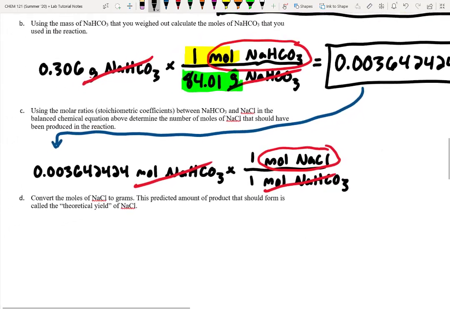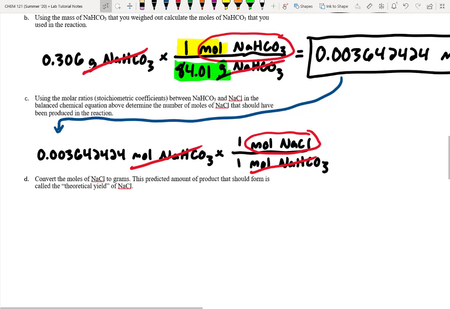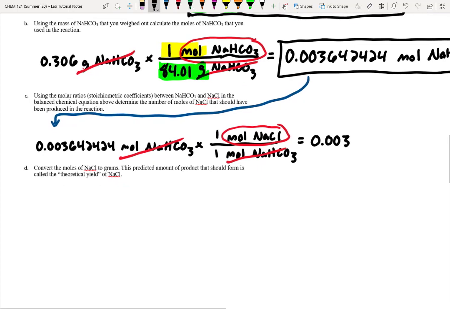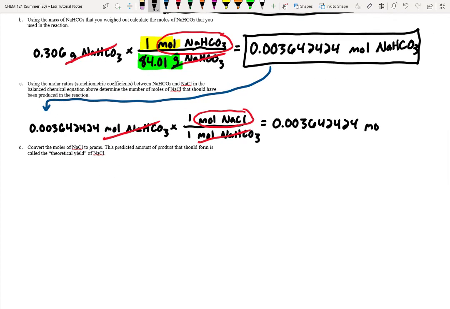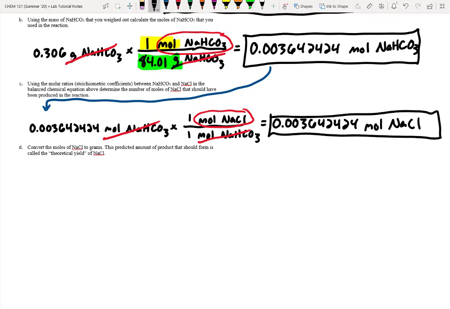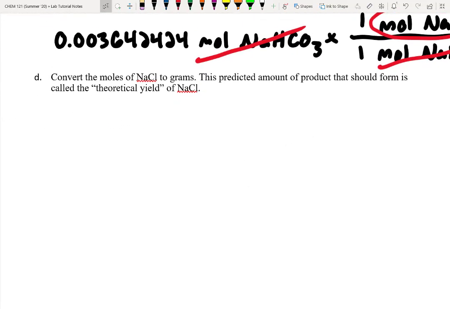It's important to show this, that way our units cancel, because in some chemical reactions, it isn't going to be a 1-to-1 ratio. So we can't always just assume that. So we're going to get the same number of moles of sodium chloride as we have moles of sodium hydrogen carbonate. Okay, so we've got this many moles of NaCl.